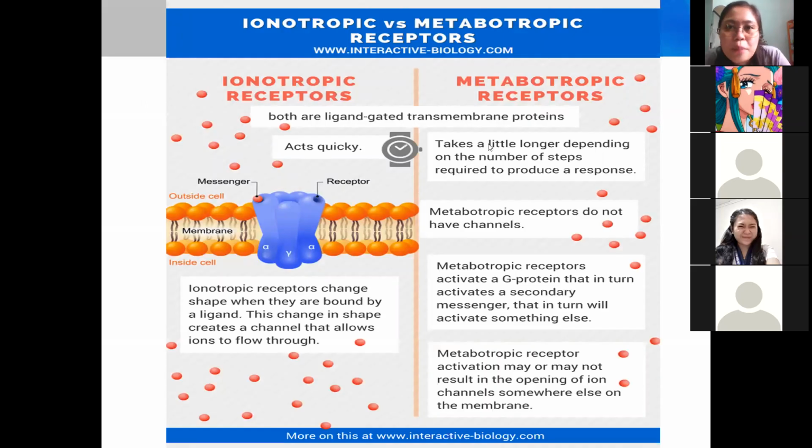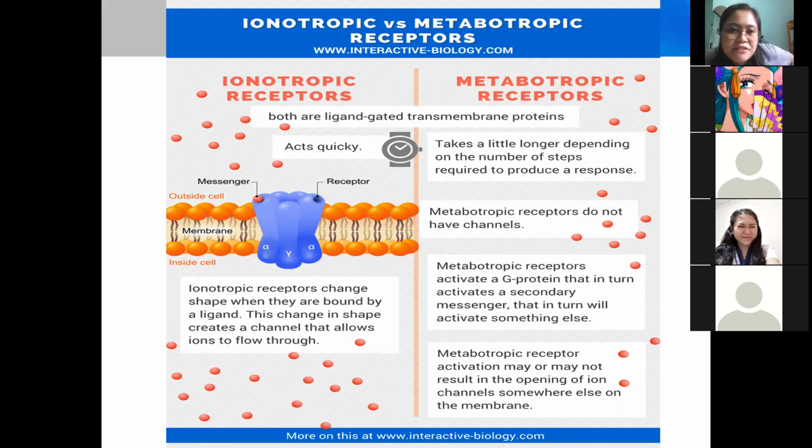We have ionotropic versus metabotropic, two classes: class 1 and class 2. The similarity is they are both found in the cell membrane, and they are both ligand-gated transmembrane proteins, but class 1 is more on the ions, since it controls ions, and class 2 is more on the G proteins.